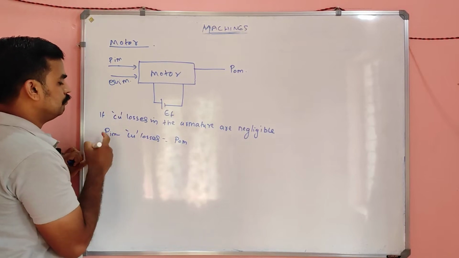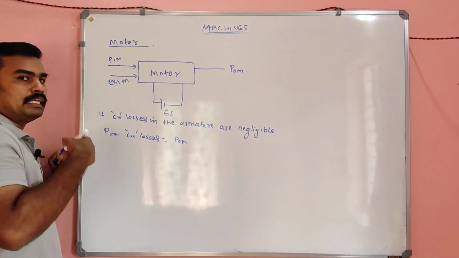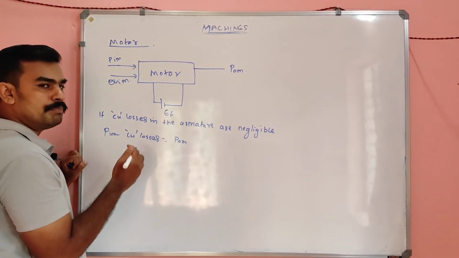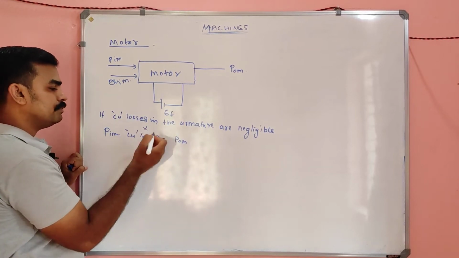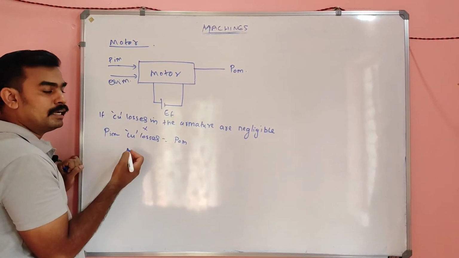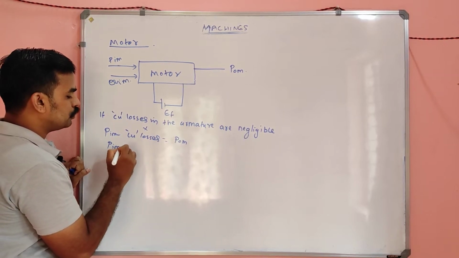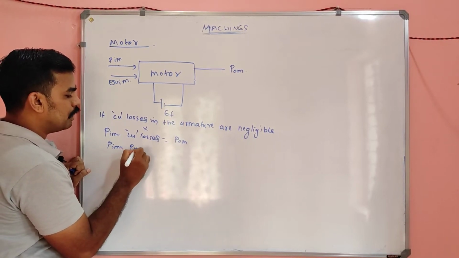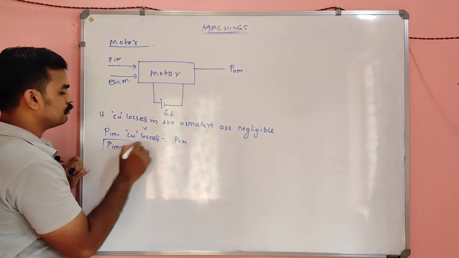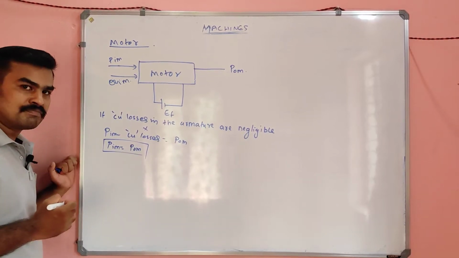Am I correct? PIM, the P input of the motor, minus copper loss equals P0M. If the loss is very negligible, we can say that the P input of the motor will be equal to the P output of the motor.